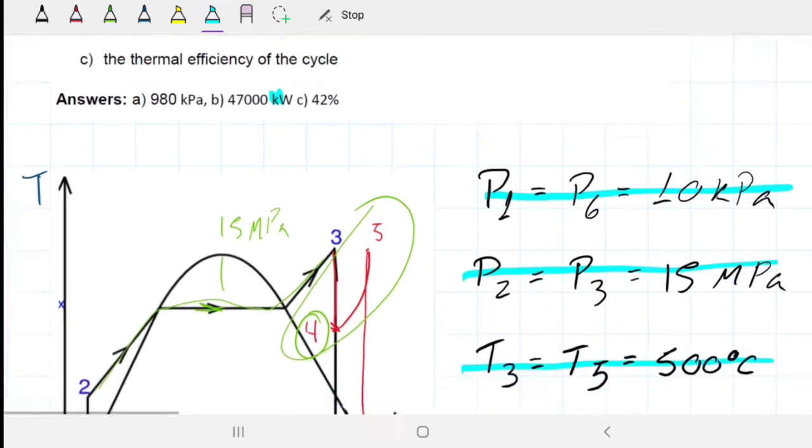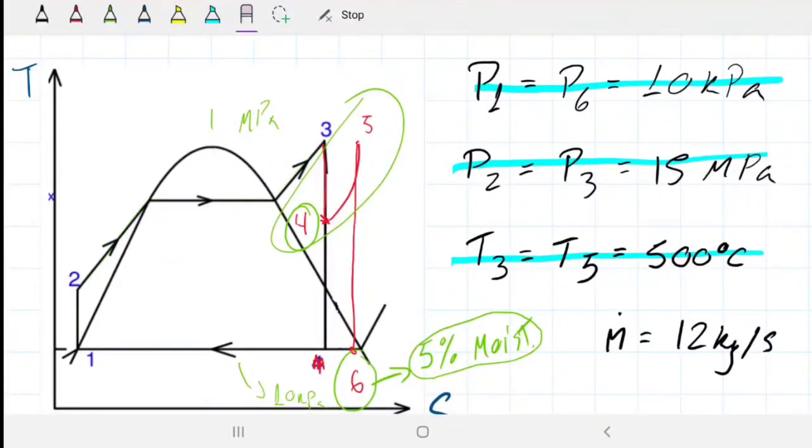Okay, so how are we going to solve this cycle? Let me actually get rid of these green guys here. Right, how are we solving this cycle? Well, we have information for 1, that's easy, then we can use that to find 2, that's easy. 3 is pretty much defined, it's easy. Okay, but then for 4, we're only going to be able to find the entropy from here to here. So we're only going to have one property for 4.